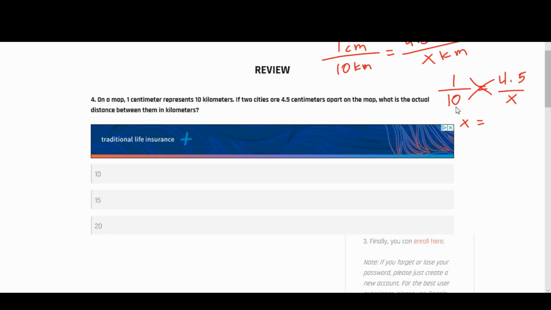Whenever you multiply something by 10, or 100 or 1,000, you just take this decimal and shift it according to how many zeros there are here. So in 10, there's 1 zero, so we're going to shift this just once. So I know 10 times 4.5 is just 45, and therefore we know the actual distance between the 2 cities is going to be 45 kilometers.